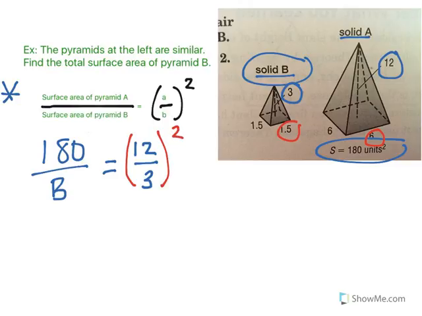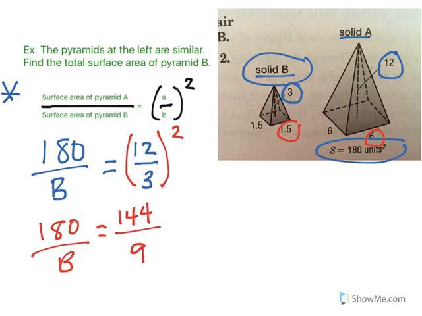So now again, it's just order of operations. I'm going to rewrite what I know. 12 to the second power is 144, and 3 to the second power is 9. Now we're just going to solve simple ratios here. It's kind of hard to find a pattern or a relationship between 180 and 144.